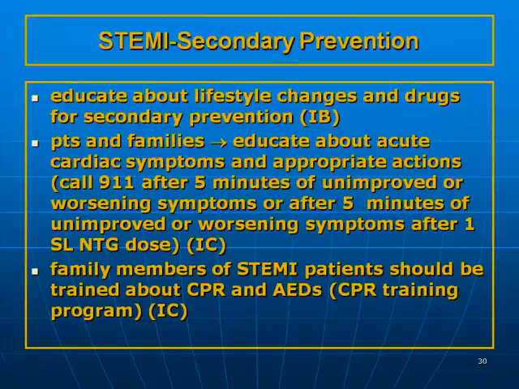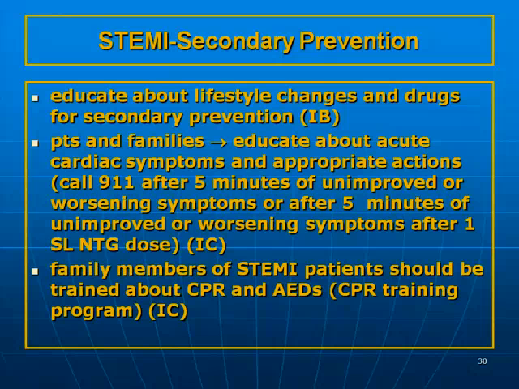Secondary prevention, education is very important. On slide 30, lifestyle changes and the importance of taking the drugs that reduce mortality. Patients and families should learn about the disease process, calling 911, the use of sublingual nitro. The guideline is now 1 sublingual nitro, and if you're having chest pain, call 911 right away after that sublingual nitro doesn't work.